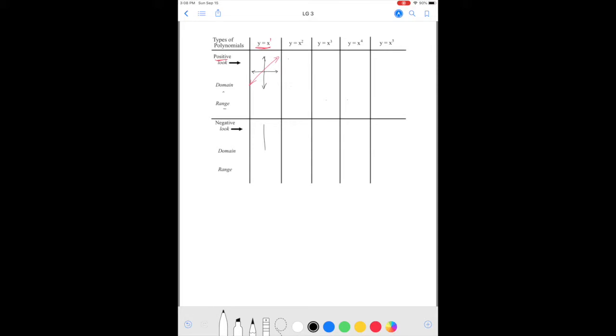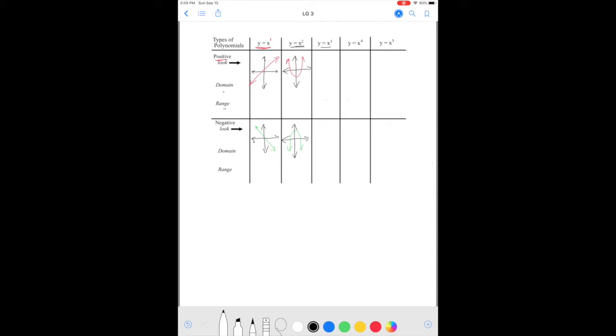A negative 1, it's going that way. Now let's go to the quadratic. Remember back to grade 11, the quadratic is a happy face going up if it's positive, and if it's negative, the quadratic is going down. So you can quickly know that by the way these arrows are facing.